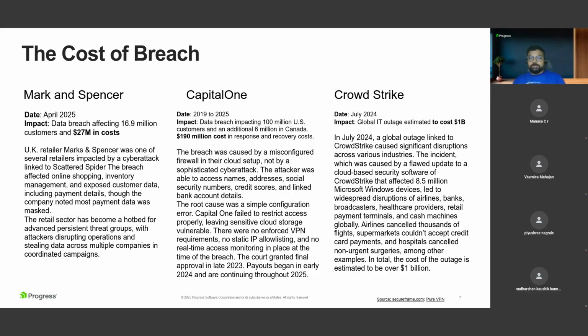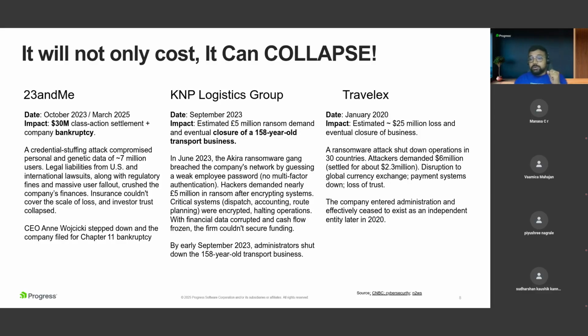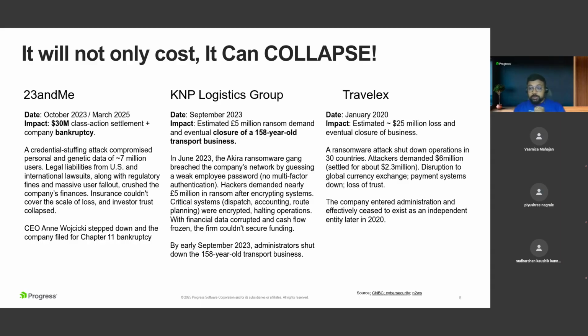Now, it's not only the cost that you need to bear from a data breach. Sometimes it can also lead to a collapse. There are security examples where security incidents can lead to a company collapse, as seen with 23andMe's $30 million settlement and bankruptcy, KNP's closure after a ransomware attack, and Travelex's $25 million loss and business shutdown.